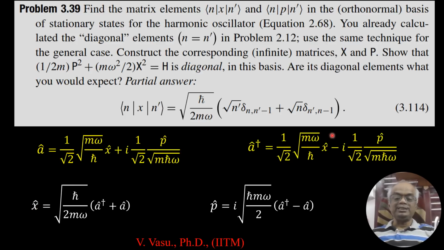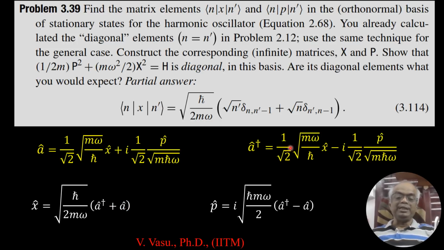If you add a plus a dagger, the second term will go away because one is positive and the other negative, and you will get 2 times the first term. After simplification, x is equal to square root of h cross over 2m omega, times a dagger plus a.